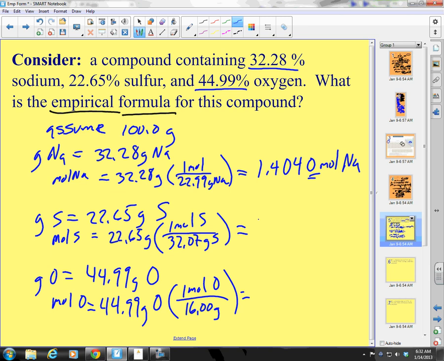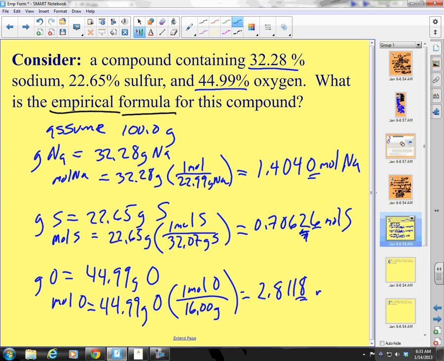And what do I get? 0.7062, sorry about that, 0.7062 moles of sulfur, and 44.99 divided by 16, and what do I get?